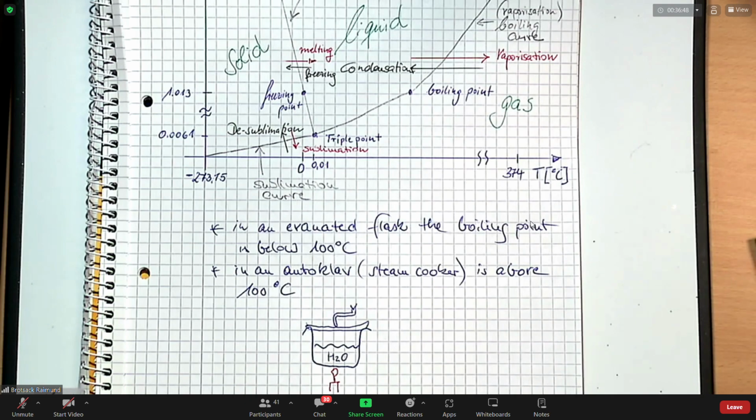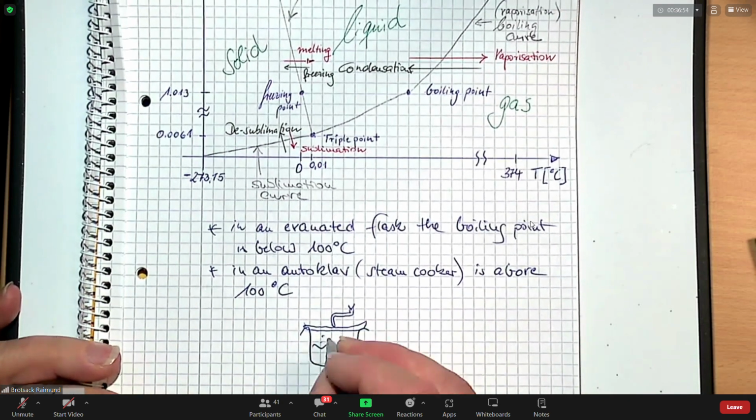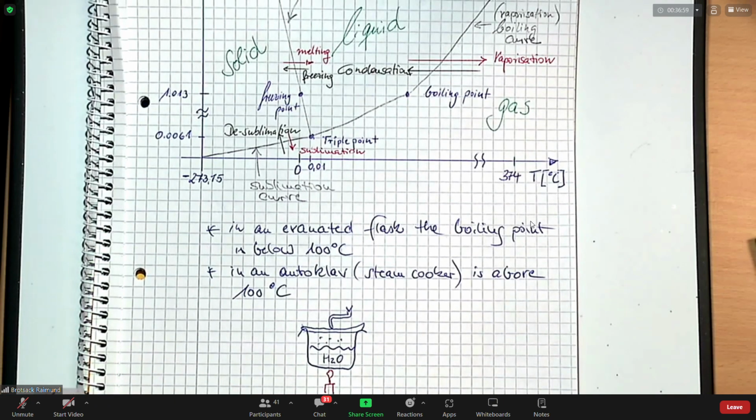It increases, yeah, because some of the water molecules go into the gas phase and steam is built, and we call it the vapor pressure of water. Of course, when we have hot water, more molecules are already transferred into the steam phase compared to cold water.